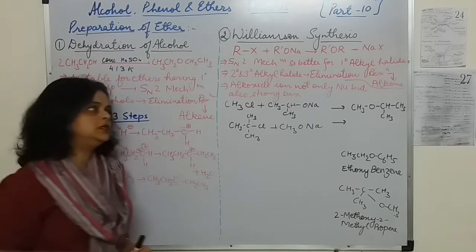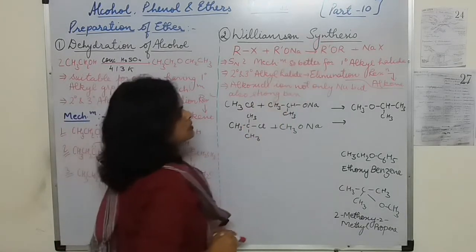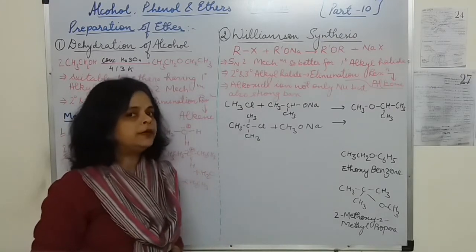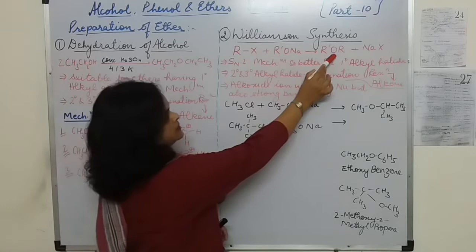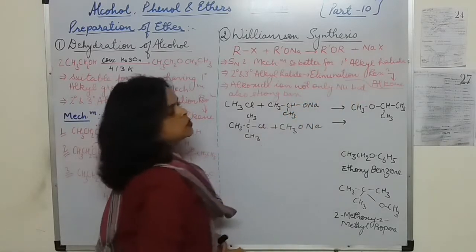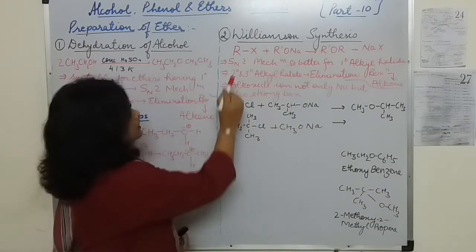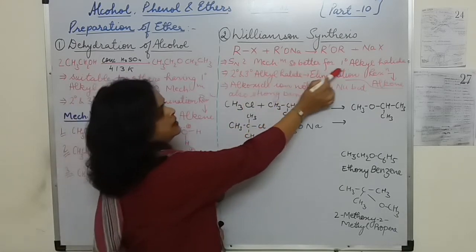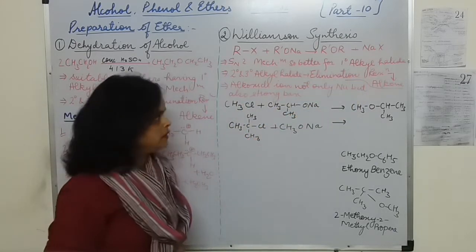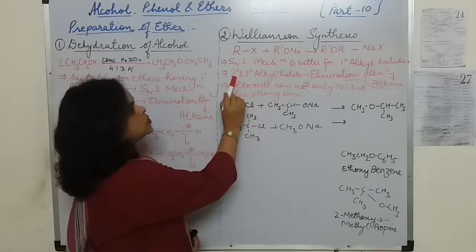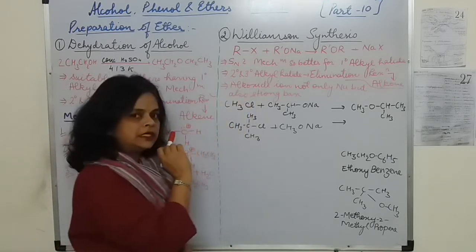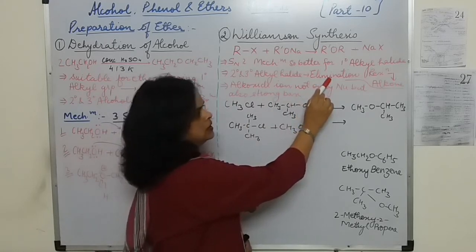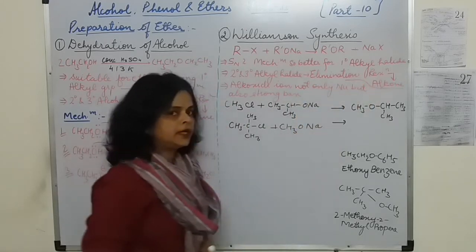Now, the next method is Williamson synthesis. In Williamson synthesis, when alkyl halide reacts with sodium alkoxide, it gives ether along with sodium halide. It follows the SN2 mechanism, that is why it is better for primary alkyl halides. Same here, secondary and tertiary alkyl halides prefer elimination reaction and form alkene.